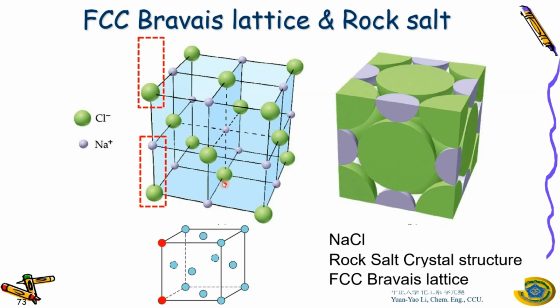Okay? And how about this one? This pair represents this one. This one represents this one, right? How about this one? This pair represents this point.